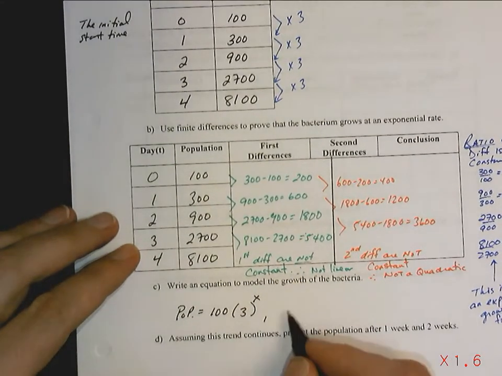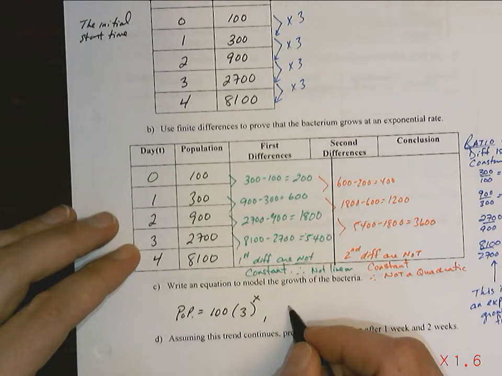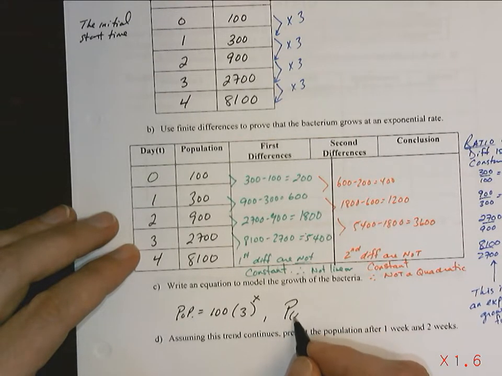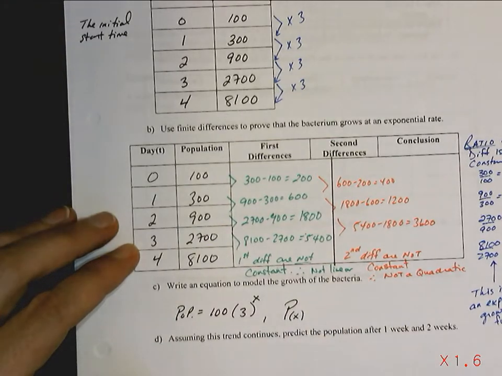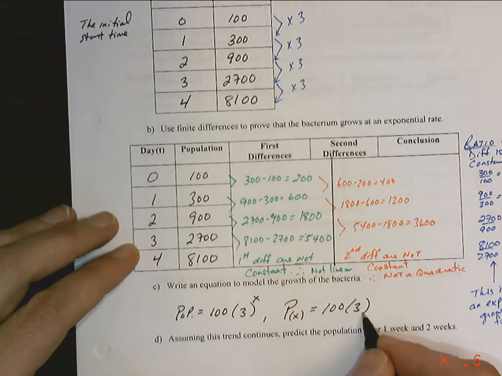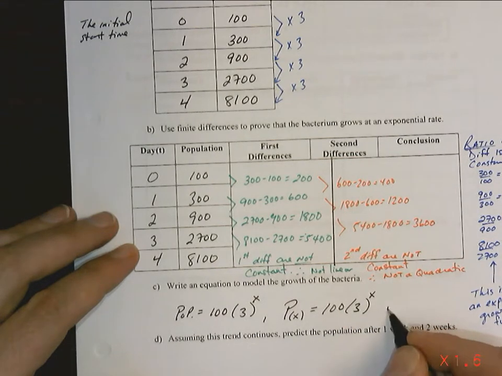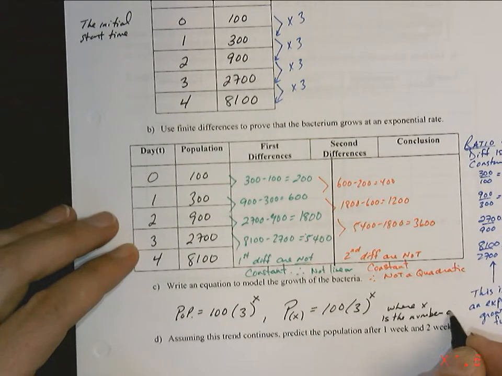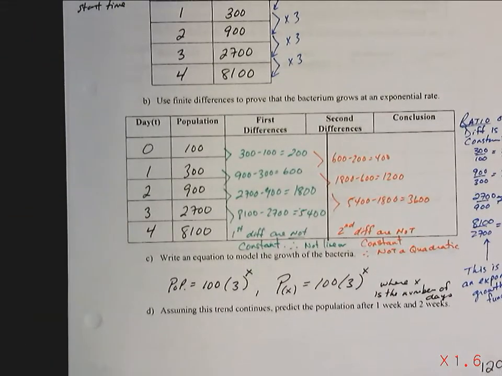Now, if we wanted to be a little bit more mathematical in our notation, we should say that the population in terms of the variable x is going to be equal to 100 times 3 to the x, where x is the number of days. So there's a formula that'll model this growth.